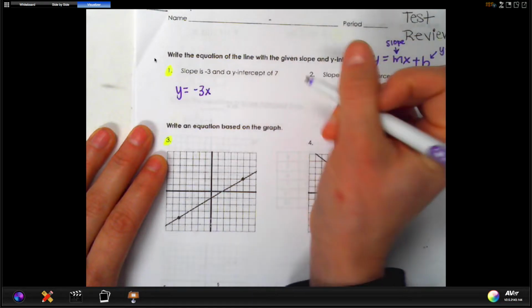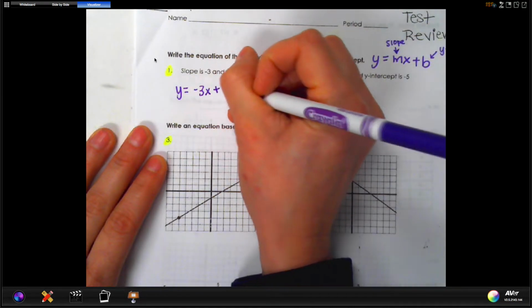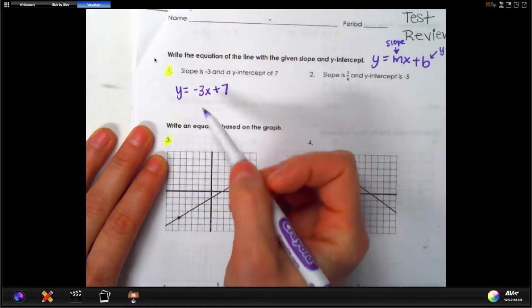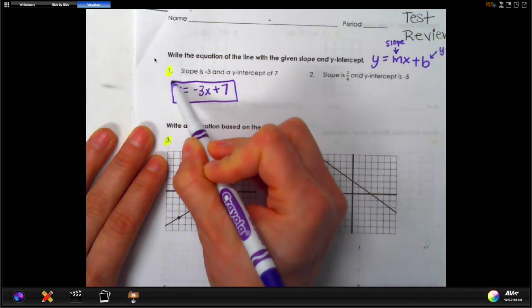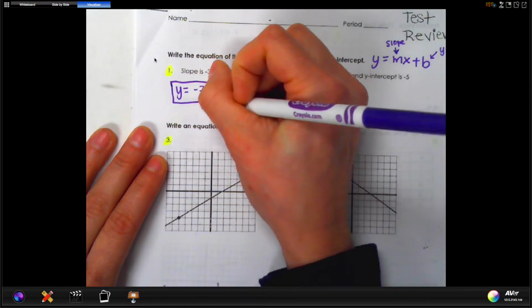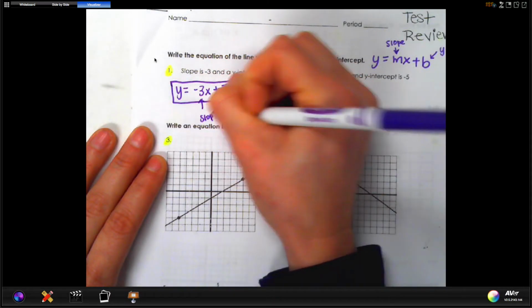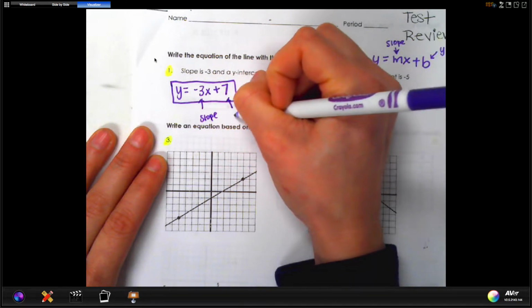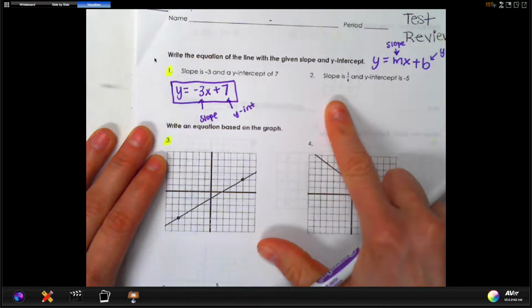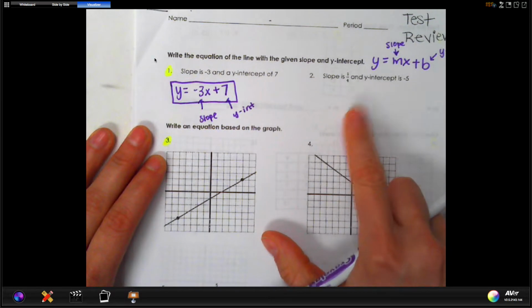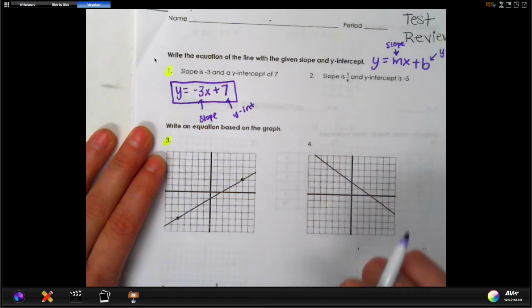Now since it's +7, we would put +7. And that's the answer. This is the equation that we would be looking for. Okay, where that's the slope, and this is the y-intercept. All right. And so there is one for you to practice on. Number 2 is a very similar question, and I will leave that one for you.